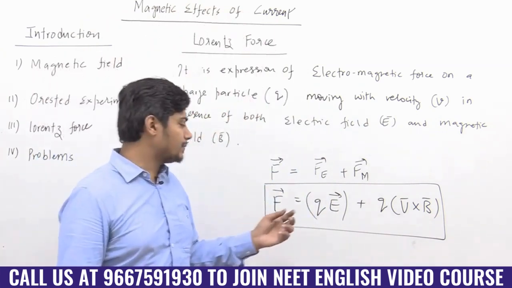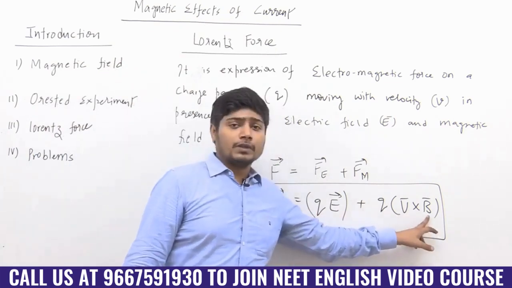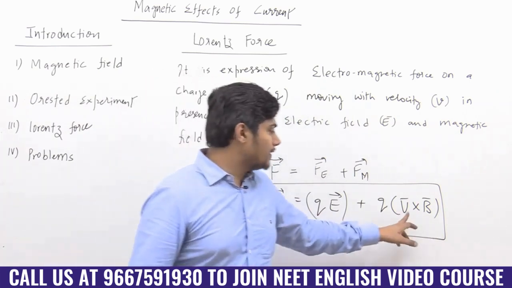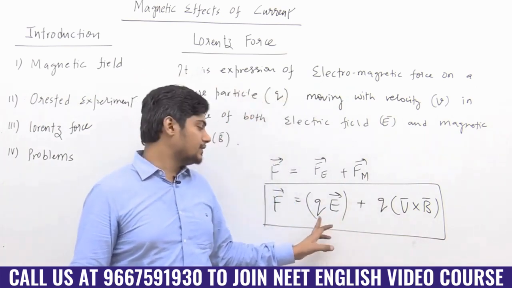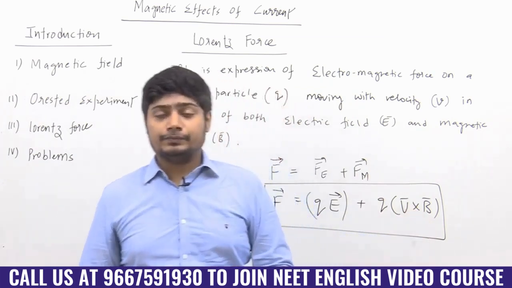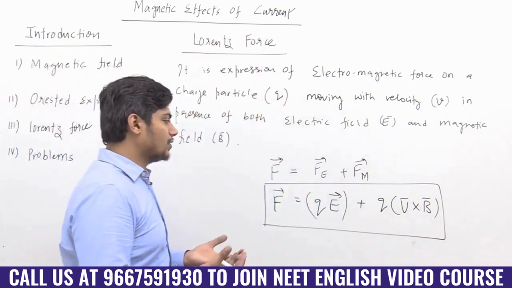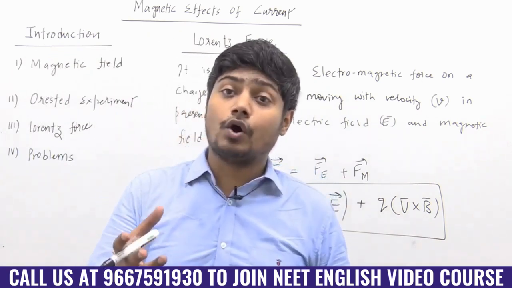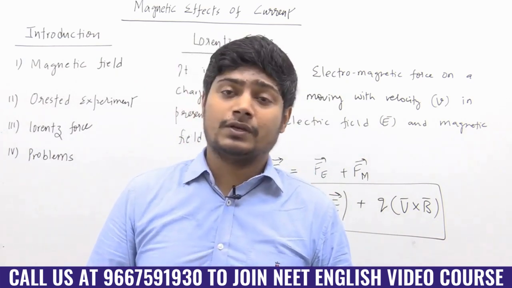So Lorentz gives us the expression for magnetic force as Q times V cross B, and you can clearly see if I make a charge at rest, this V becomes 0. So there is only one component of force between the two charges, that is Q into E, because if the charges are at rest, this V will be 0. So from now on, if anyone asks you what is the magnetic force on the moving charge, I have to say on moving charge, because if the charge is static, then there will be no magnetic force.